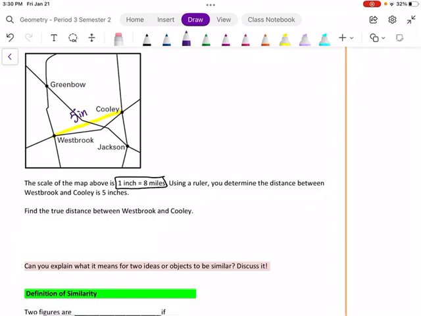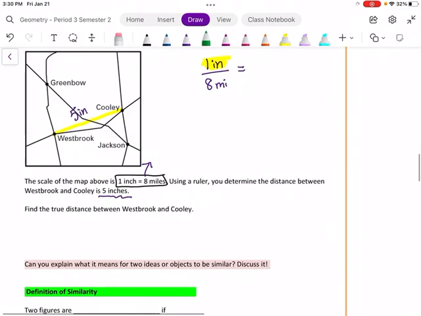So we're going to set up our map ratio as a fraction, which is 1 inch over 8 miles. And then we're going to use this distance of 5 inches, and the inches are going to go in the same location. So inches were on the top of our first fraction, that's going to be on top of our second fraction. And then on the bottom, that's going to be what we're looking for.